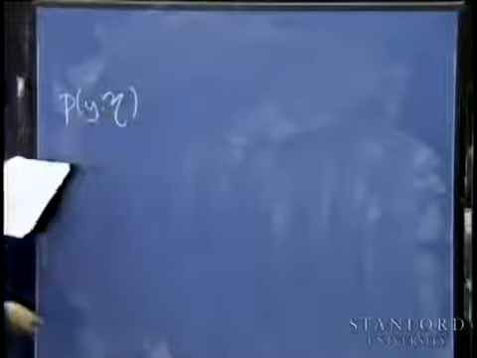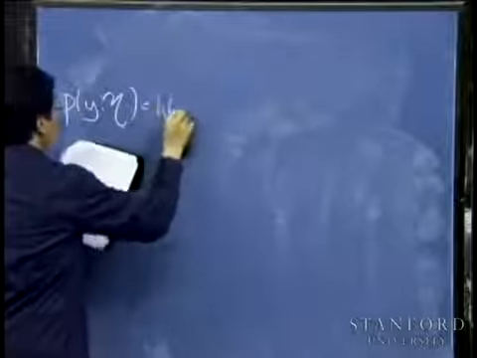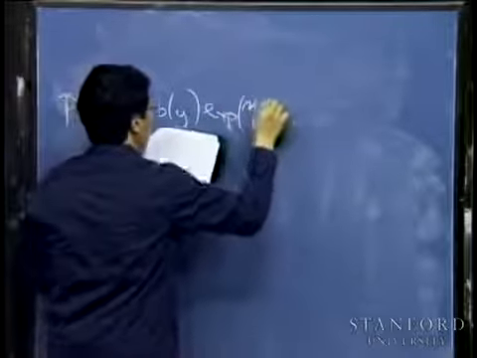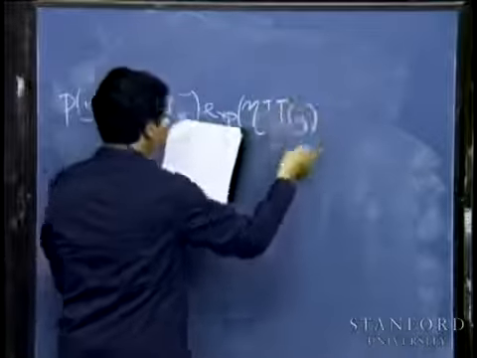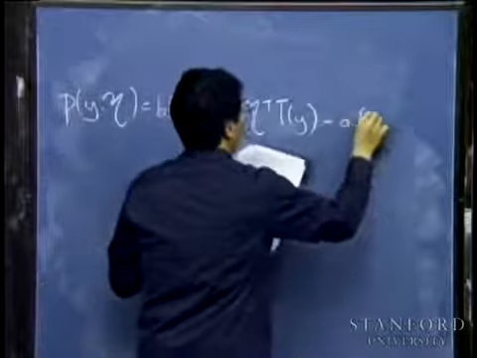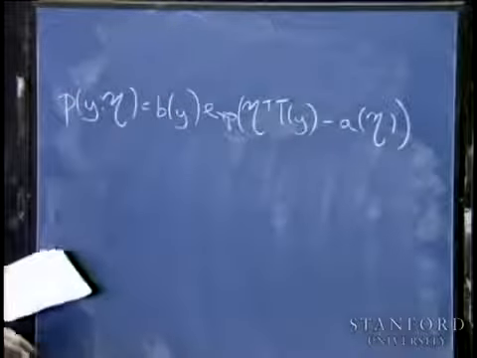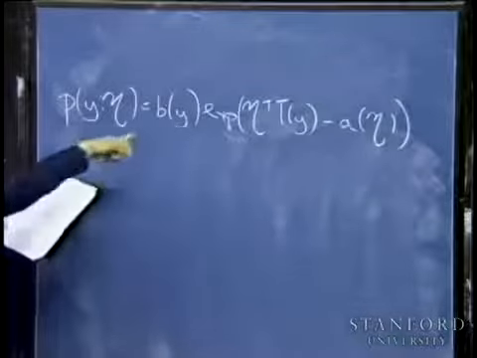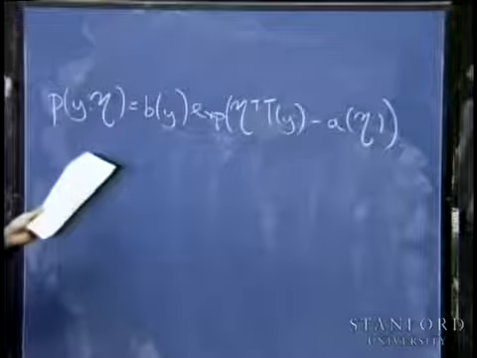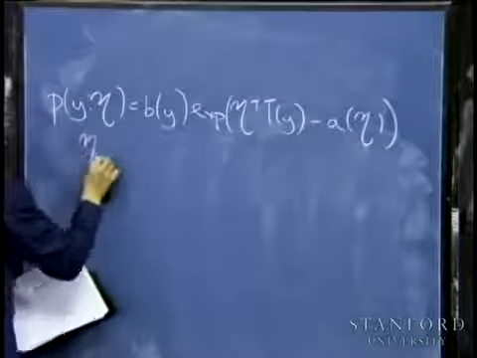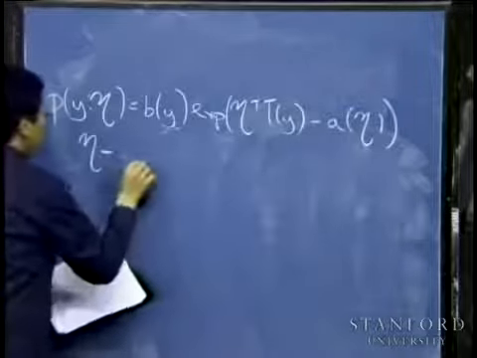P of y parameterized by eta is equal to b of y times exp of eta transpose t of y, minus a of eta. Okay. Let me just give some of these terms names, and I'll say a bit more about what this means.